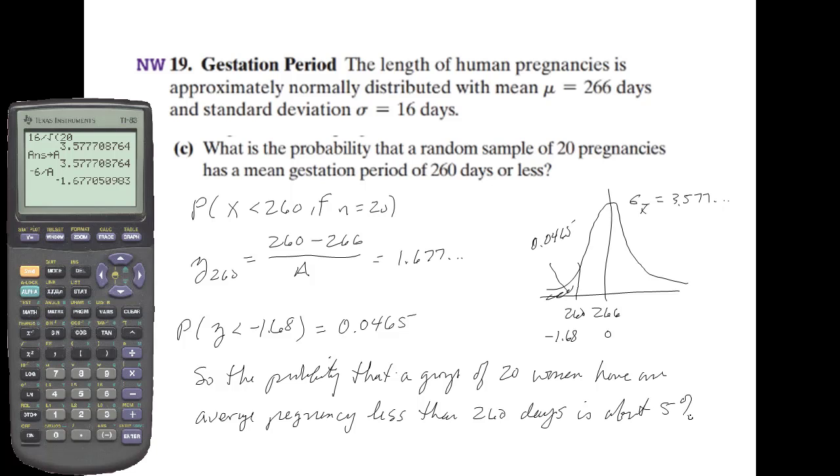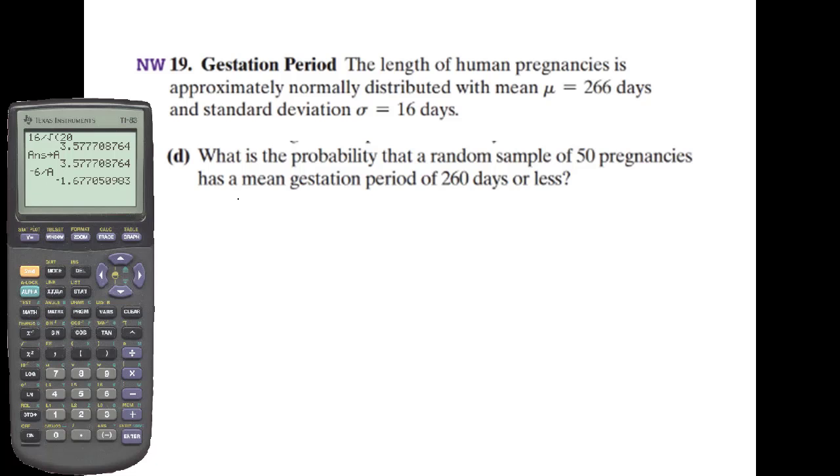I'm going to round that 4.65 up. Okay, so it's about 5%. And so I guess it wouldn't be unusual to have that, right? So there we go.